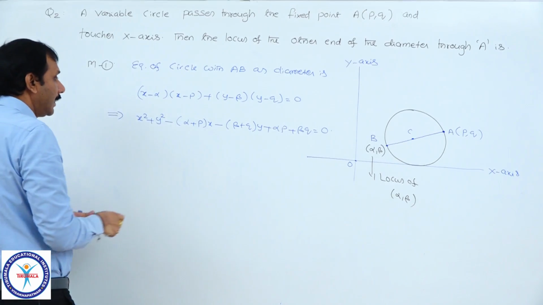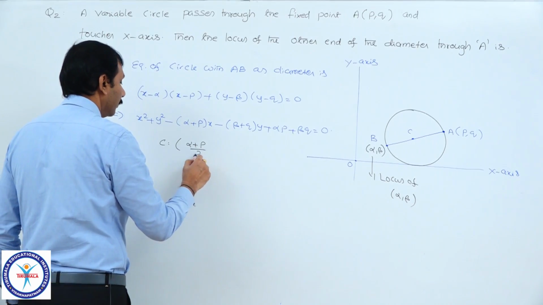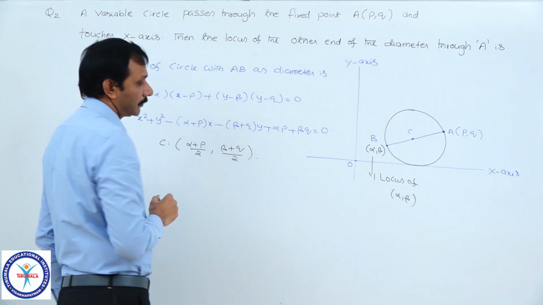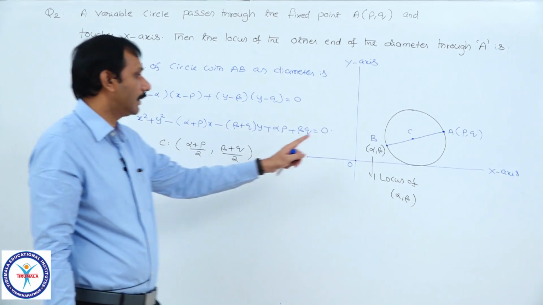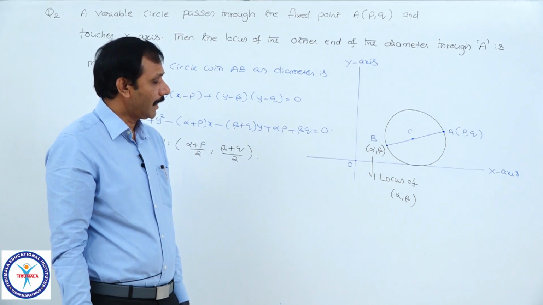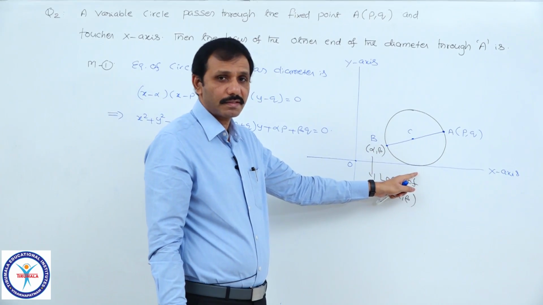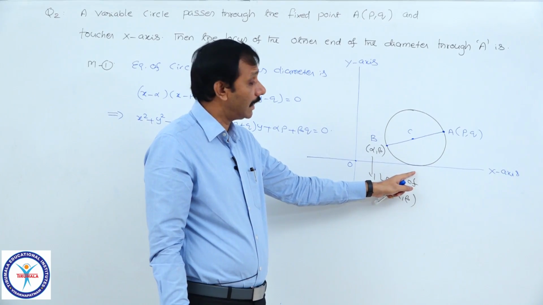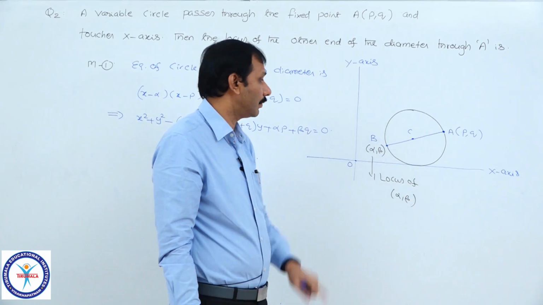Now, what is the center of the circle? The center is alpha plus p by 2, beta plus q by 2. Now, it is the equation of the circle with these 2 as ends of diameter. What is the other condition they have given? This circle touches the x-axis. It touches the x-axis means the length of the intercept made by this circle is 0.